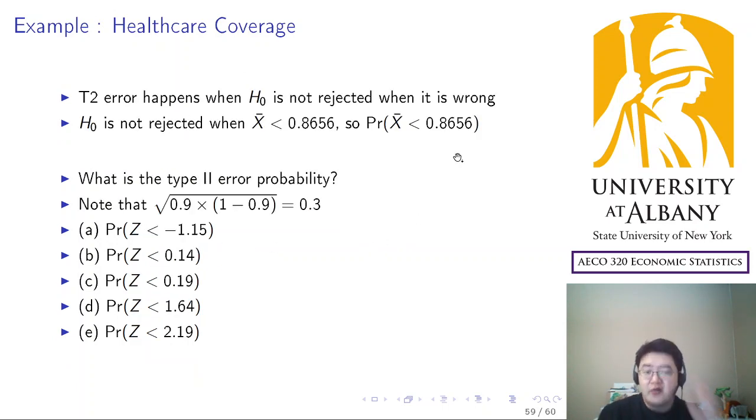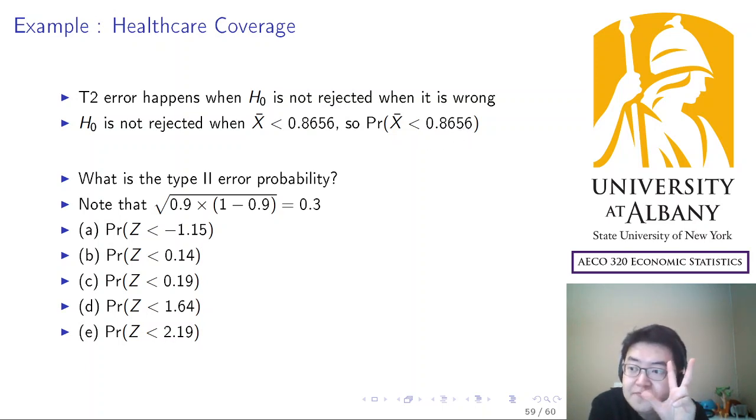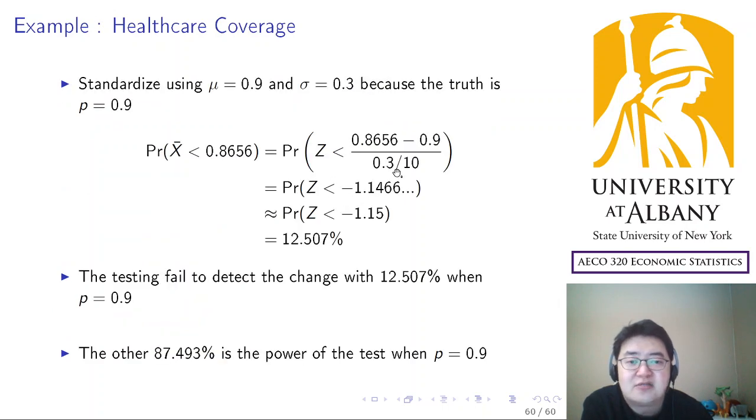Another tricky thing here is, now you set up the probability. You know the probability goes like this. Then how can you standardize it? Try standardization. 3, 2, 1. The answer is, let's look at this. First, you have to subtract the mean and divide by the standard error. The mean is coming from the truth you assumed.